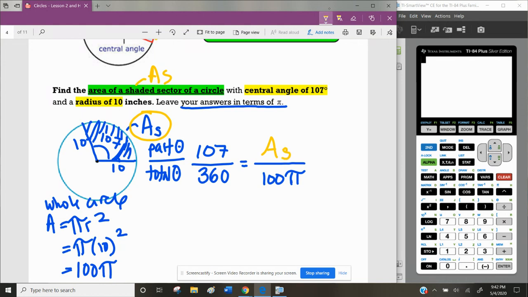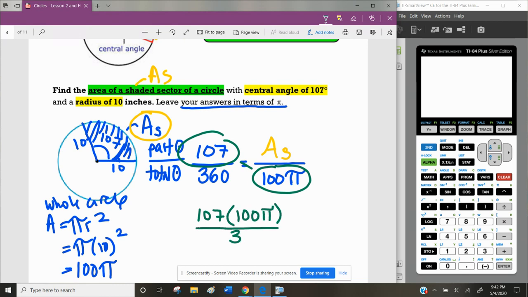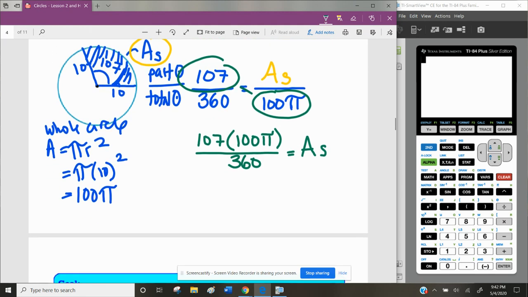So now we know how to solve a proportion. We can cross multiply. And since I'm looking for A sub S, the opposite would be multiplying both sides by 100 pi. So I don't need to also multiply by 360 to just then divide by 360 again. Okay, and let's see what we get. 107 times 100.